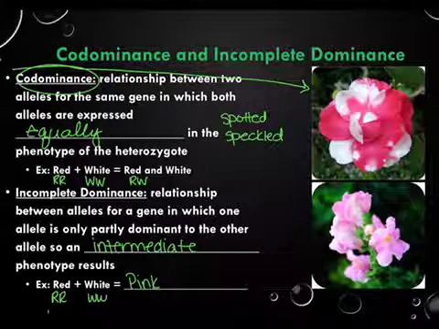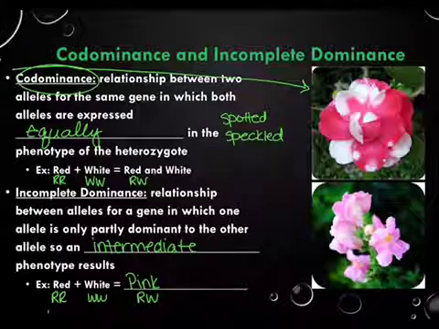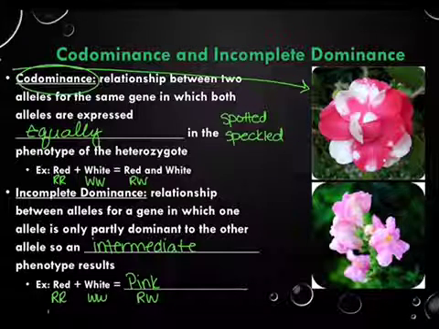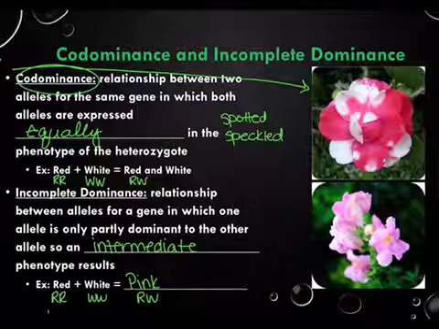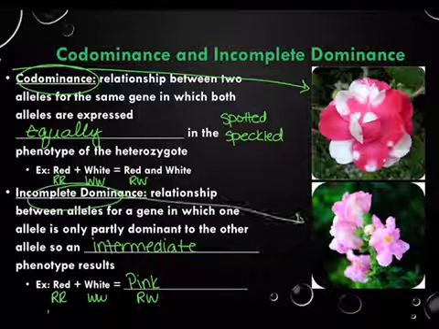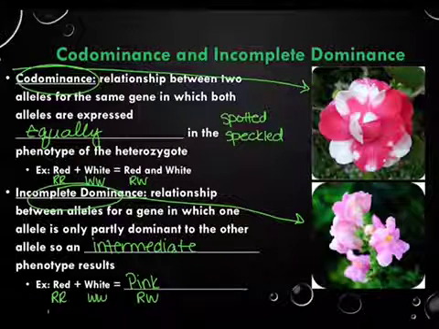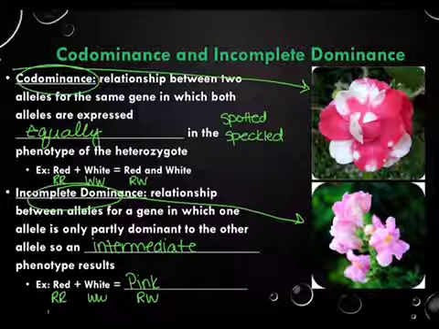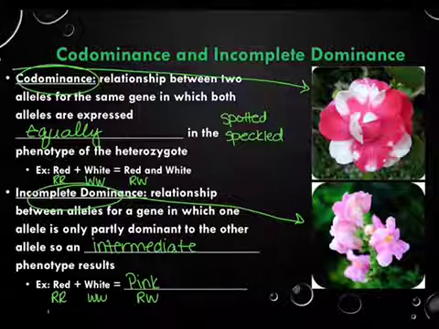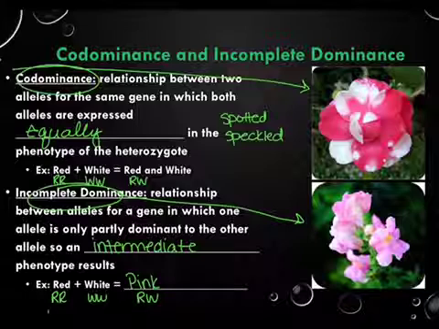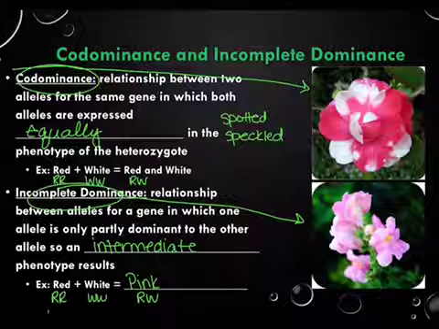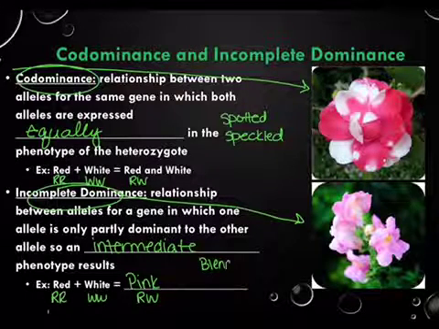And again, your pink would have that RW genotype. And so here would be your incomplete dominance example, and we get the pink color there. And so in problems that deal with incomplete dominance, you would have to kind of look, maybe see the word blended.